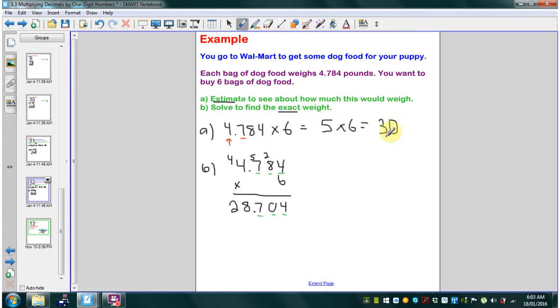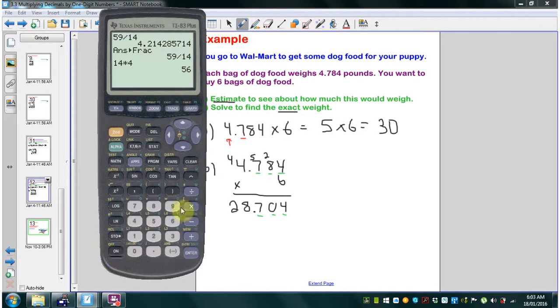So we know that our exact answer is right because it's close to our guess. You can always check it on the calculator as well. 4.784 times 6, and it's 28.704.